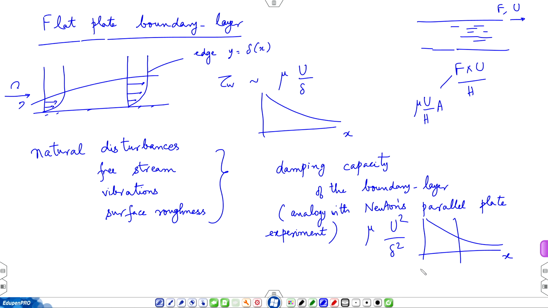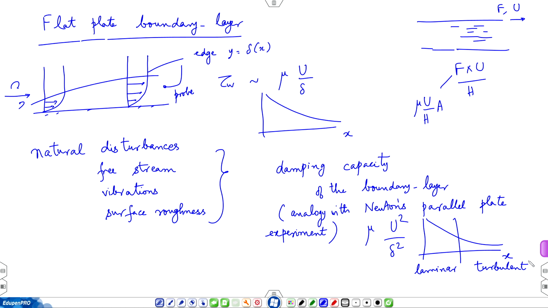Okay. So, that state of flow is what we call laminar, but disturbances will persist beyond a certain point. That means, if you put a velocity measuring probe somewhere here, it will record disturbances beyond a certain point, and that we call the turbulent state of flow.